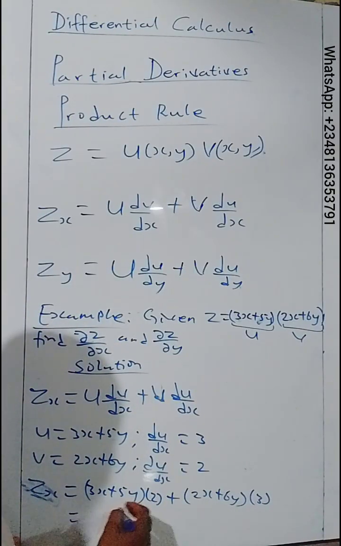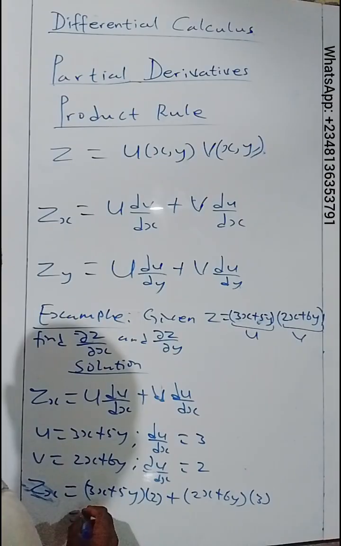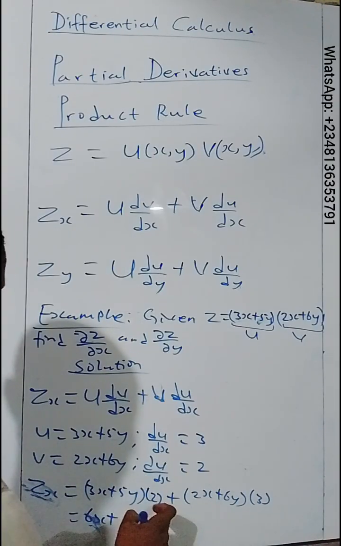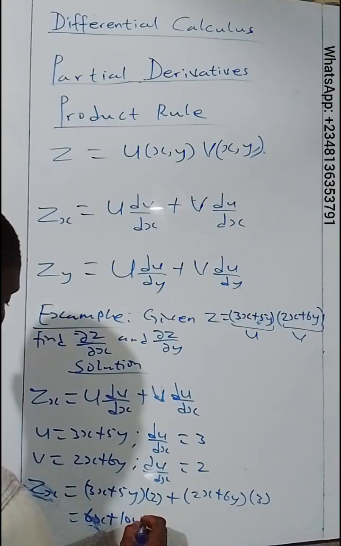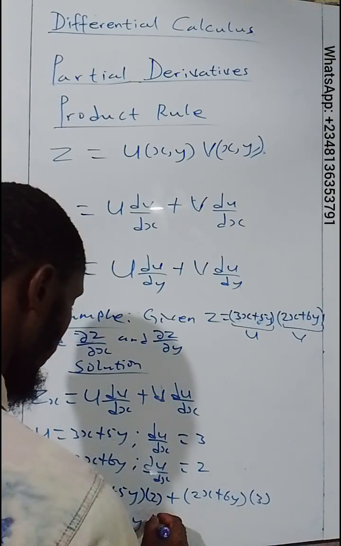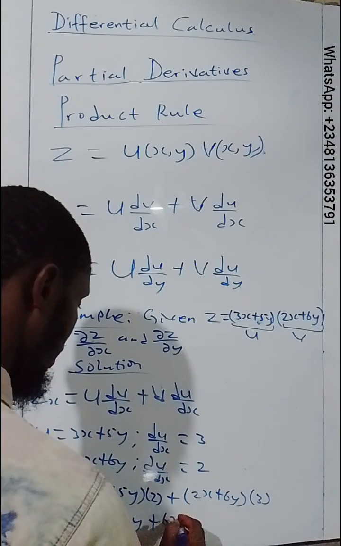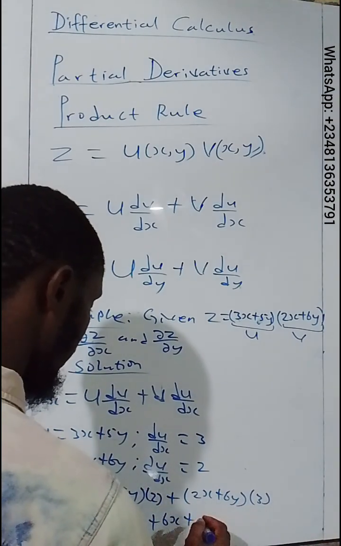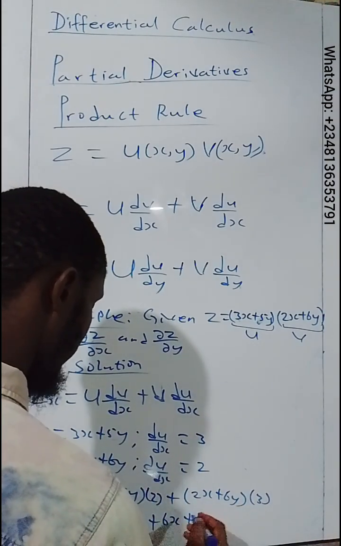We open the bracket. We have 2 times 3x, that is 6x, plus 2 times 5y, that is 10y. Then plus 3 times 2x, that is 6x, plus 3 times 6y, that is 18y.